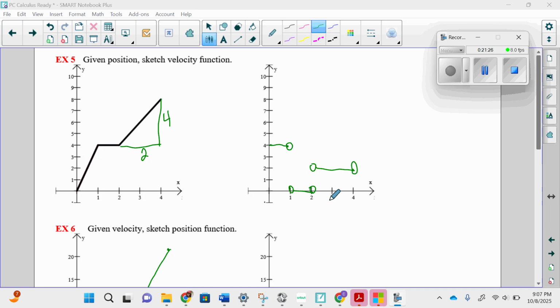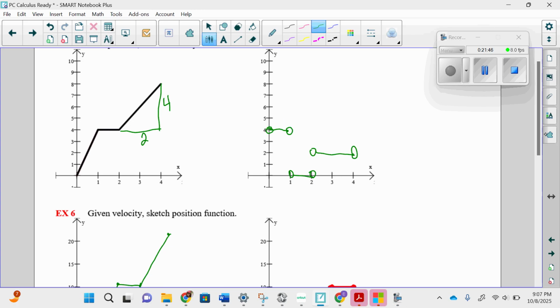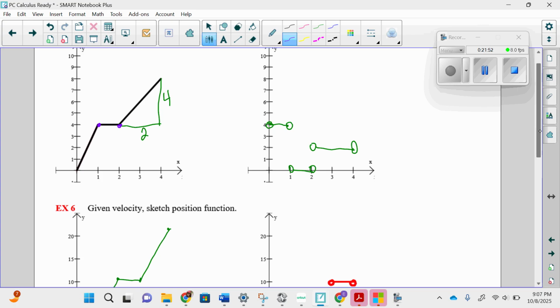Between 2 and 4, the rate of change was a constant 4 over 2, or 2 over 1, so we end up having that horizontal line at 2. Make sure we have open circles on the ends, because remember, we are not differentiable at those cusps.